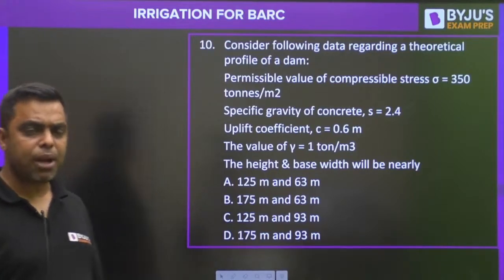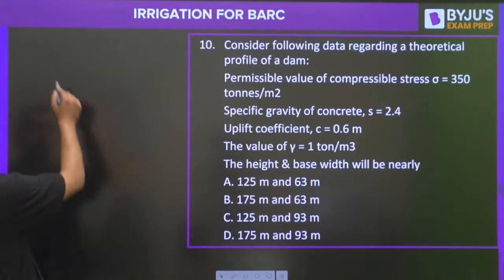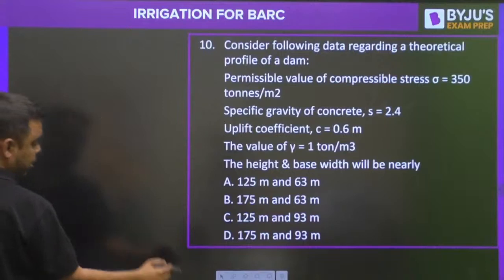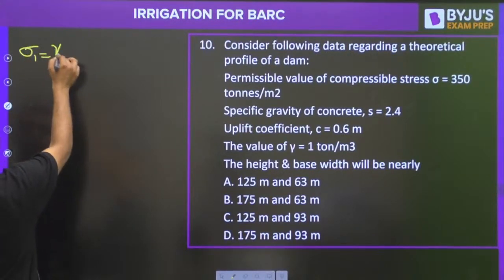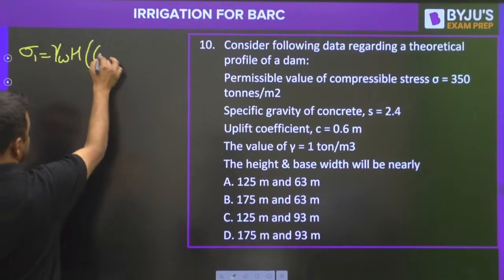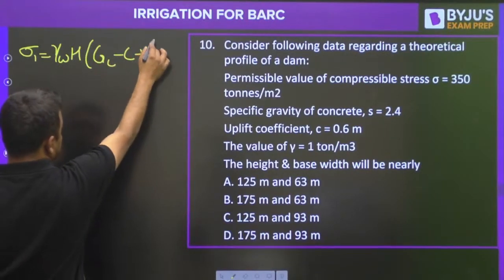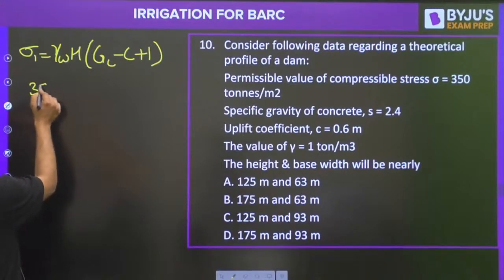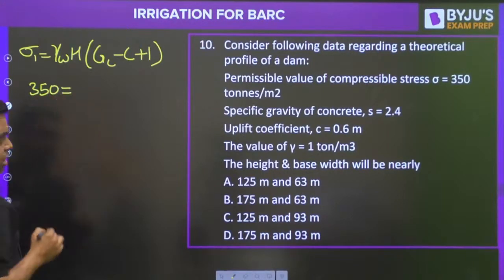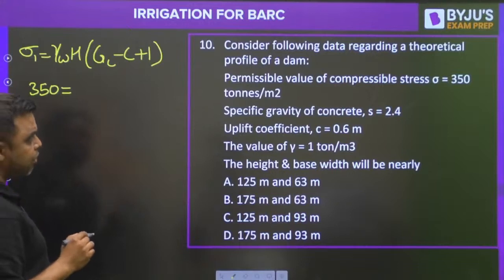Do you remember the formula? Sigma 1 is equal to gamma W H divided by (G_c minus C plus 1), right? So sigma 1 is 350 tons per meter square.